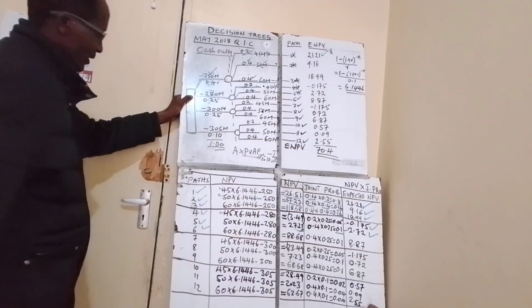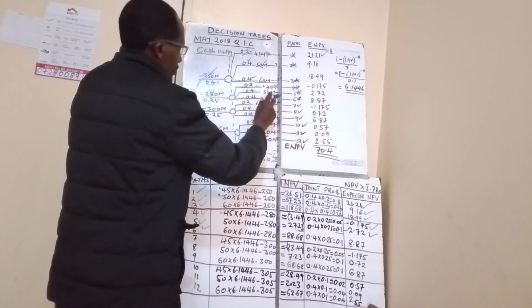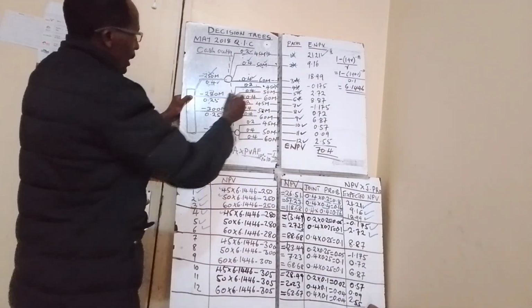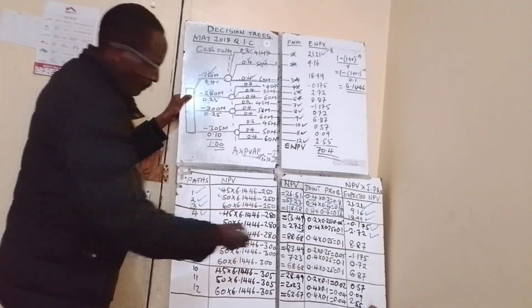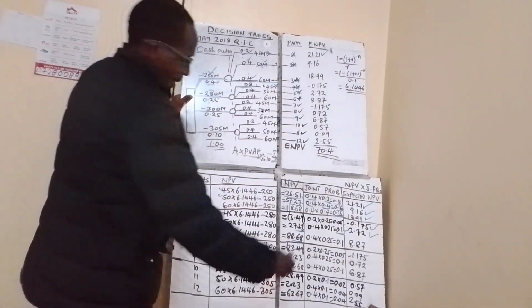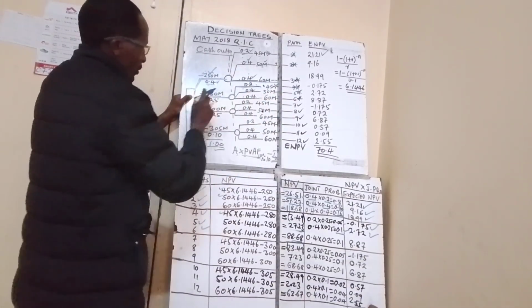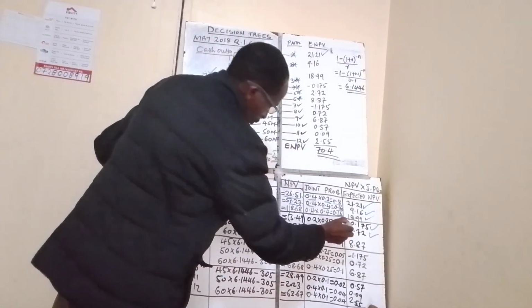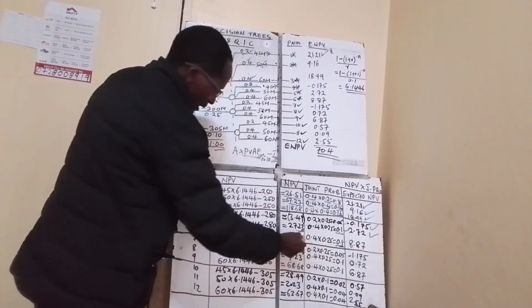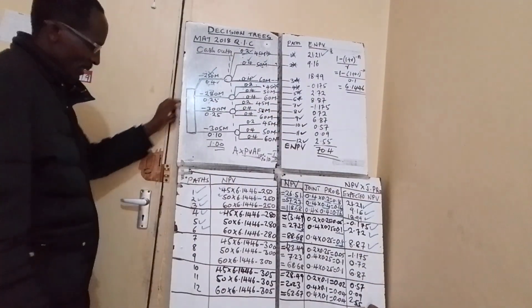Go to part 6. Part 6 is here. 60 times 6.1446 minus initial capital outlay of 280, you get 88.68. Then joint probability for part 6, 0.4 times 0.25, you get 0.1 again. Then you multiply 0.1 times 88.68, we get 8.87.